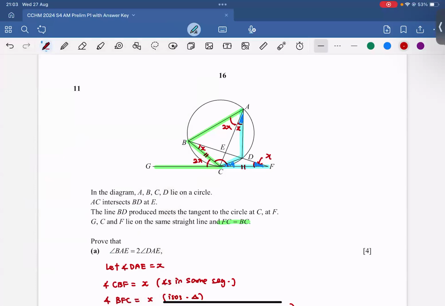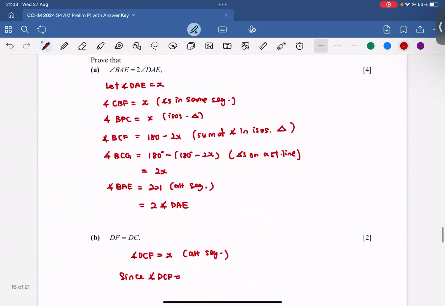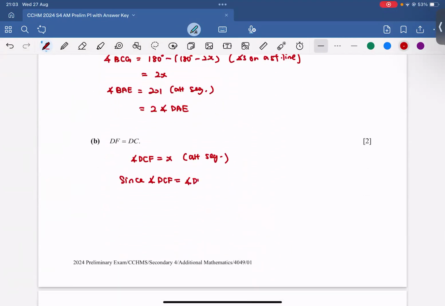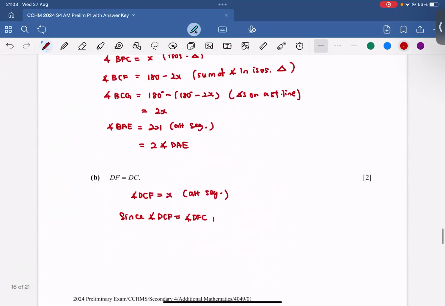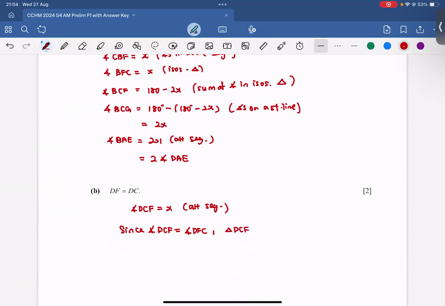So we can start by straight away saying that angle DCF is also equals to X, alternate segment. Since angle DCF equals to angle DFC, triangle DCF is isosceles. Therefore, DF equals to DC.